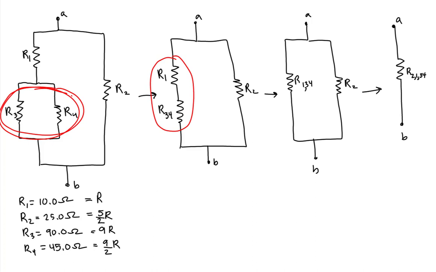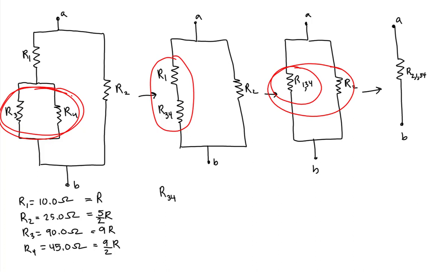And when we find that series combination, we'll then be able to take the parallel combination and end up with our final equivalent resistor. So let's start with the equivalent resistance for the resistors R3 and R4 in parallel.